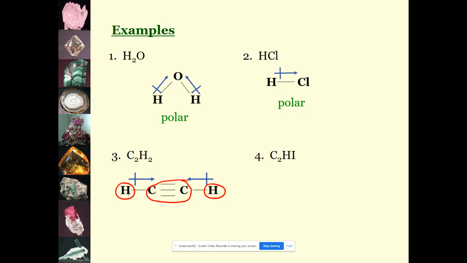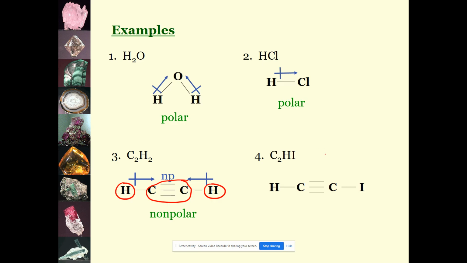So this is a big linear molecule, or linear around each carbon. Whenever you have multiple carbons in the center, you can treat them as just one thing, and then check their shape. It would be linear around carbon 1, linear around carbon 2, because they're each bonded to two things. And because it's linear and they're pulling in opposite directions with equal strength, they cancel, and that makes a nonpolar molecule.